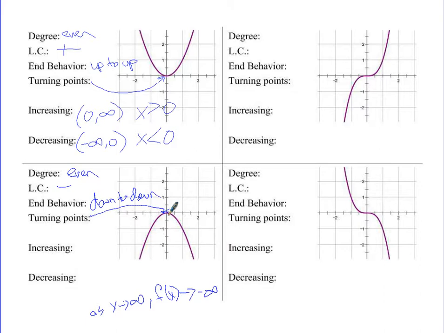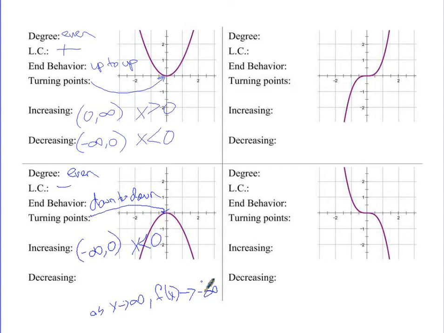So the interval that the graph is increasing would be parentheses, negative infinity, comma, 0, parentheses. Meaning x is less than 0. And on this particular graph, do we have any decreasing areas? Yeah, all this stuff here.